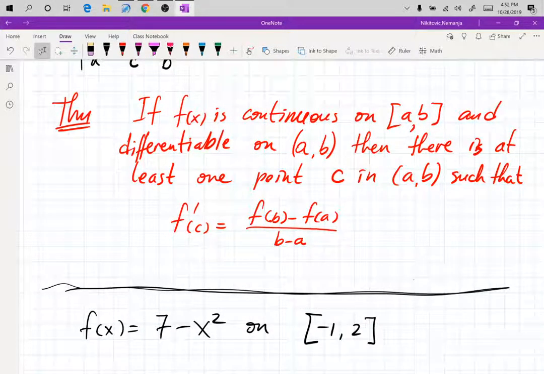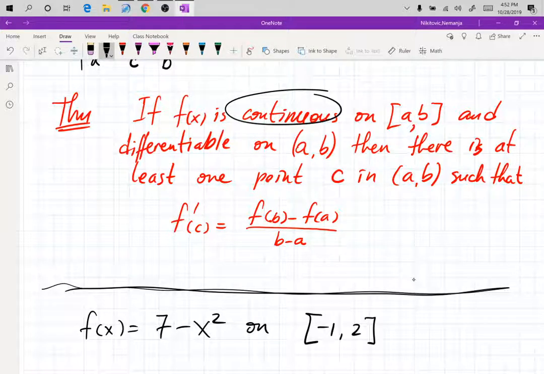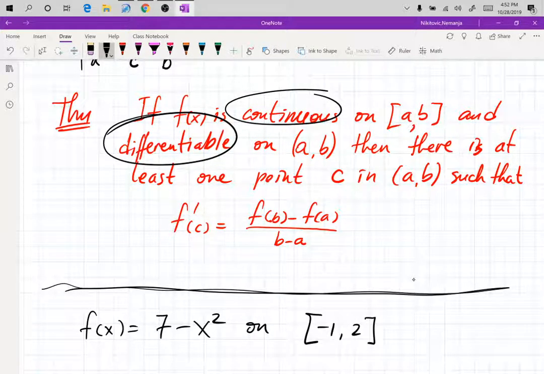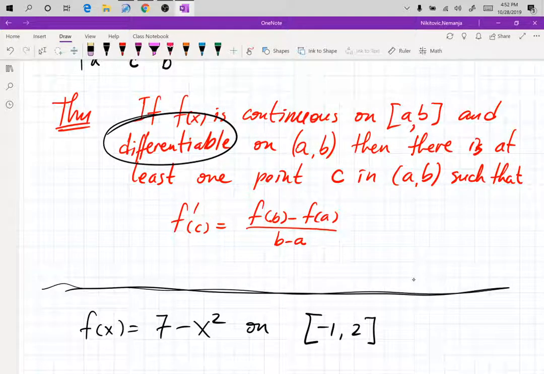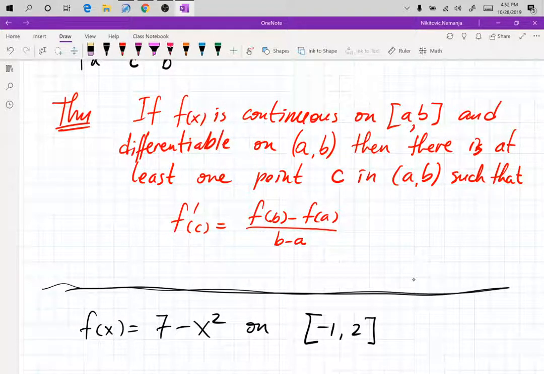This is why you might see this on your exam in a question, state the mean value theorem. These two conditions, continuous and differentiable, are crucial. If any of those two conditions are violated, this theorem doesn't hold. If the function is not continuous, or if it's not differentiable, then the condition doesn't work.